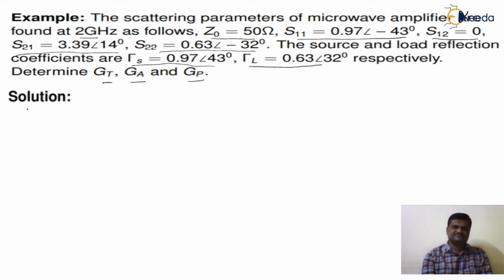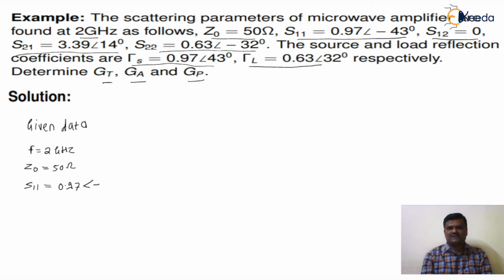First, write the given data. Here given F equal to 2 GHz. Second, Z0 equal to 50 ohm. S11 equal to 0.97 angle minus 43 degree. Then S12 equal to 0.